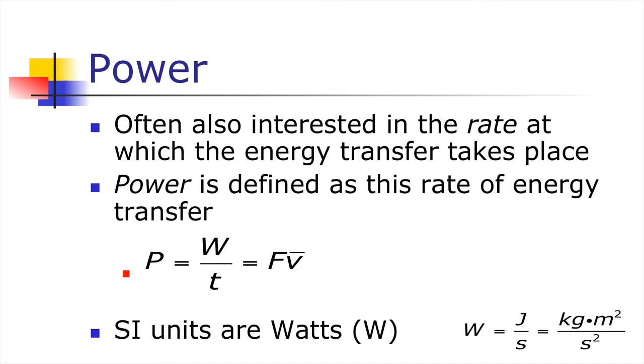In other words, mathematically speaking, rate means time, how much work is done per time. So therefore, power can easily be calculated as how much work is done per unit time.